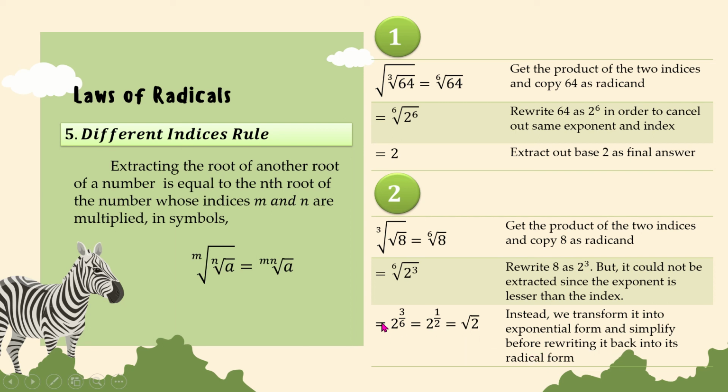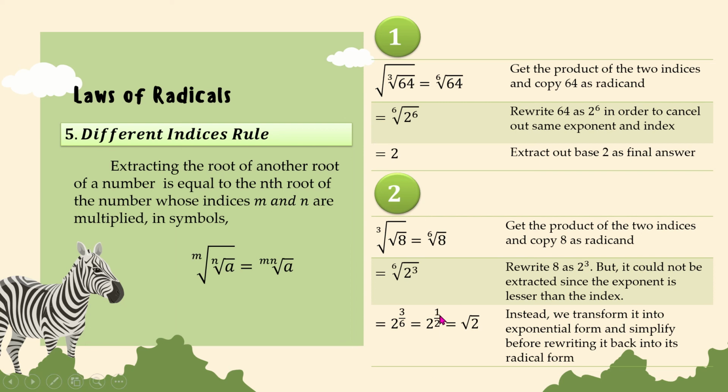So, base 2 raised to exponent 3 over 6, we reduce this 3 over 6 as 1/2. Is there a divisibility between 3 and 6? We can reduce it by 3. How many 3s in 3? 1. How many 3s in 6? 2. So 2 exponent 1/2, before rewriting as the square root of 2. Why?